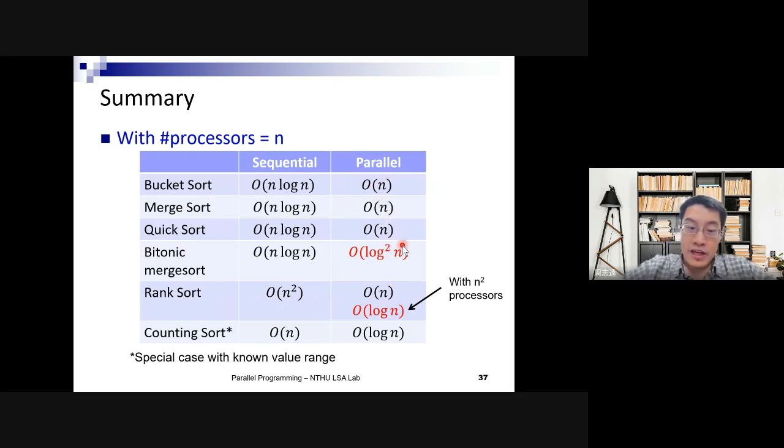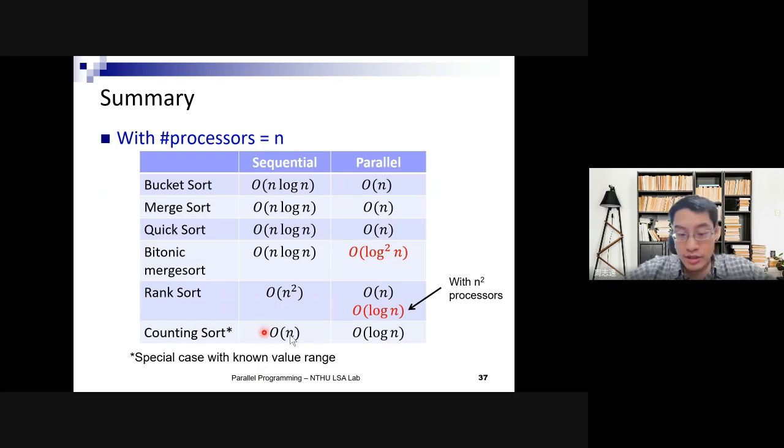Okay, and we showed you some techniques, like bitonic sort, for how you can further optimize a parallel algorithm, or the rank sort, to show you how you can throw in more processes to achieve better complexity by sacrificing your parallel efficiency.